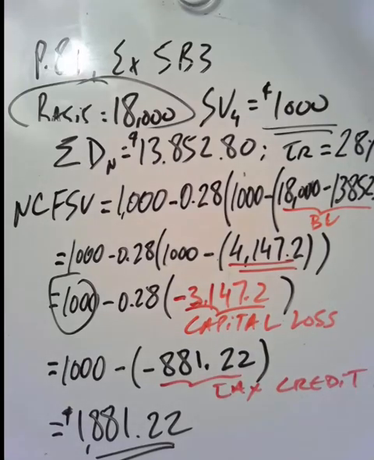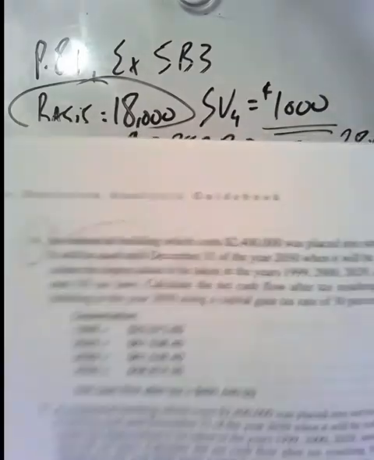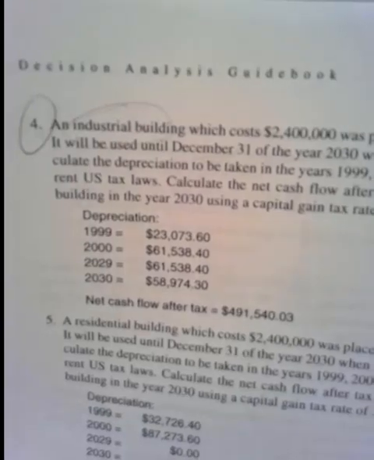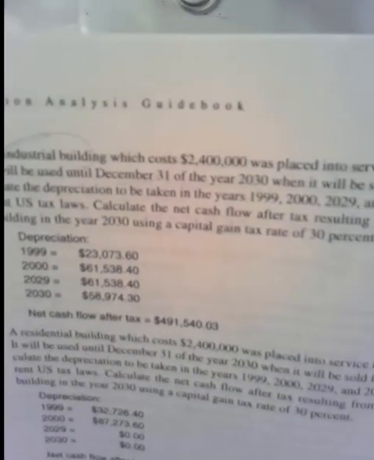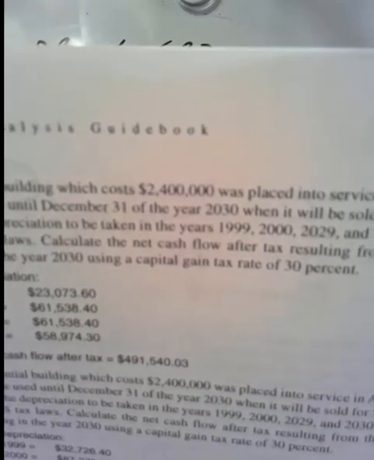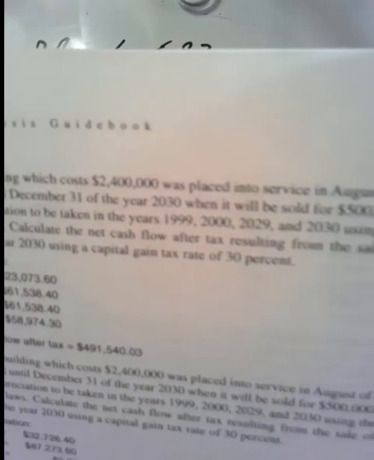Now let's do a case for a real property, because the real property follows the mid-month assumption. Here was personal property, where we followed the mid-year assumption, and now we're going to do an exercise for real property, so you see the difference. So let's do exercise 4 on page 82. It's an industrial building, real property, which costs $2.4 million, was placed into service in August 1999.